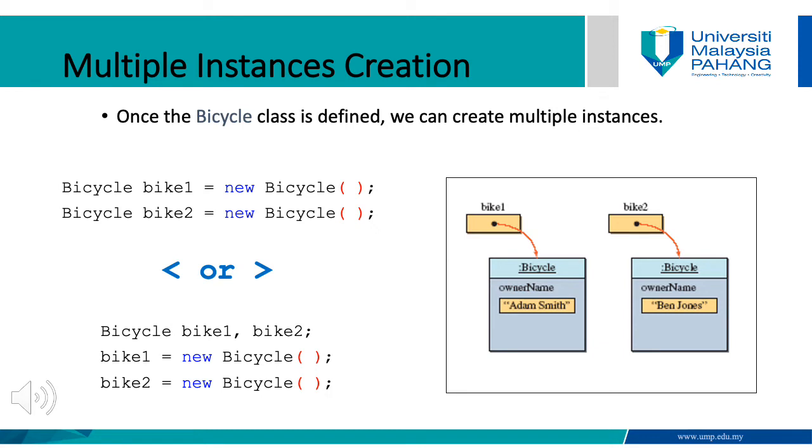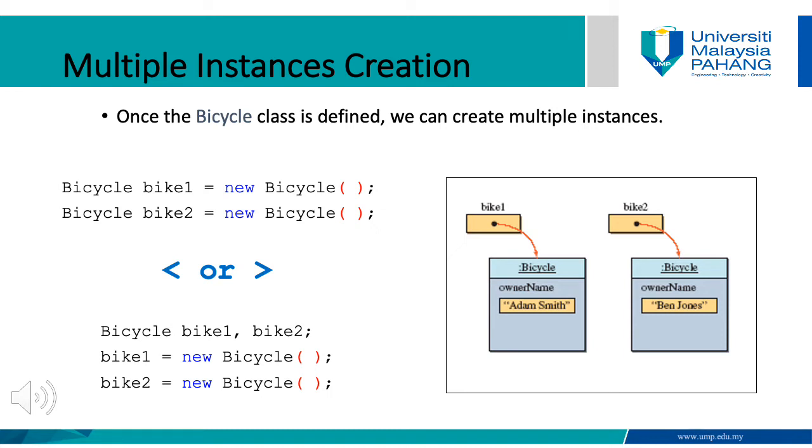Once the bicycle class is defined, we can create multiple instances. For example here, these are two different ways you can create multiple instances or objects in Java programming.